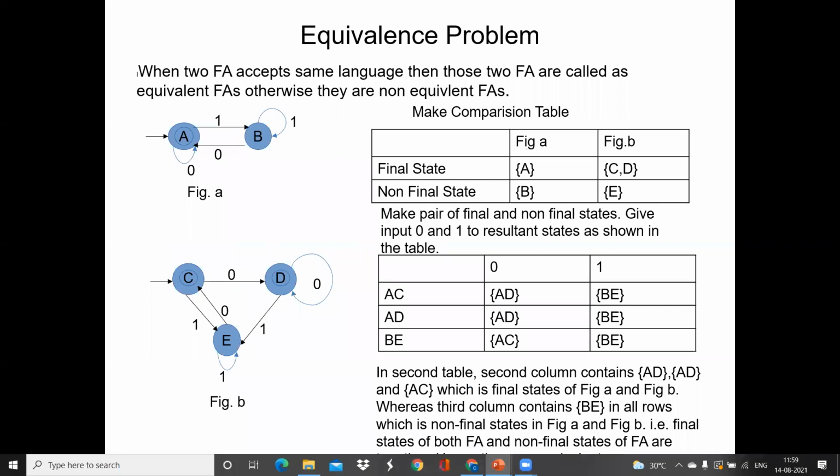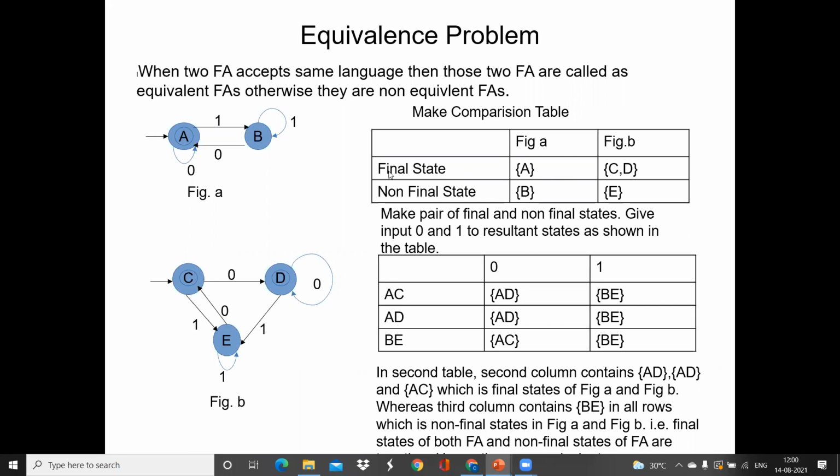Now the equivalence problem. We know that two automata are equivalent if they accept the same language. So how will you decide whether two automata are equivalent or not? For that, you have to make one comparison table. In that comparison table, you have to mention the final and non-final states of the automata which you want to check for equivalence.